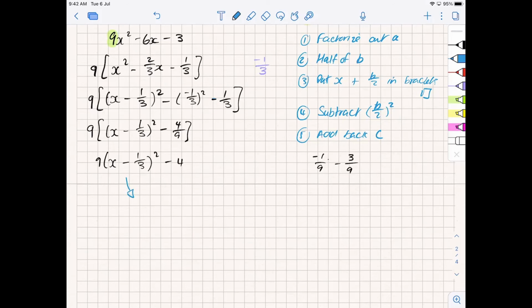How many of these brackets do I have? 2. I have 2 of them. So here they are. Now, when I'm done, I want to be left with the same 2 brackets. So if I want to share this 9 evenly between them, what would I have to split it up into to not change it?